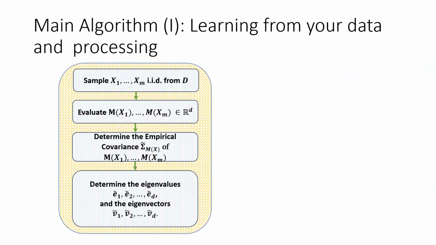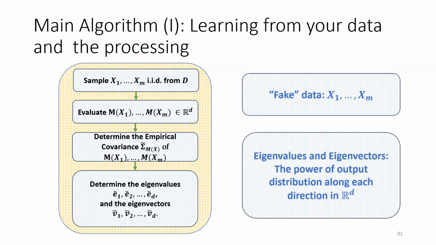To give you more intuition, let's describe what the black box analysis framework is. First, we have no idea what your output distribution looks like. We sample m i.i.d. data from the distribution D. We evaluate them and compute the empirical covariance and also the eigenvectors and eigenvalues. This i.i.d. data, basically big data, helps us understand the simple statistics of your output distribution.